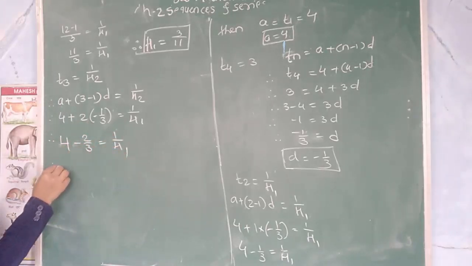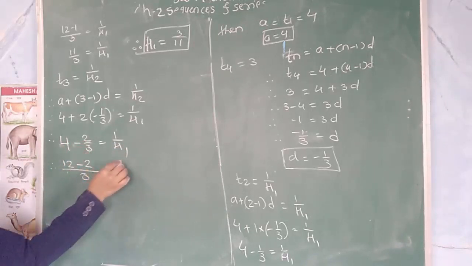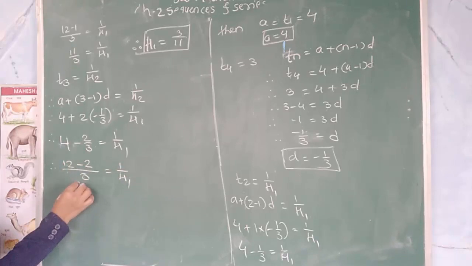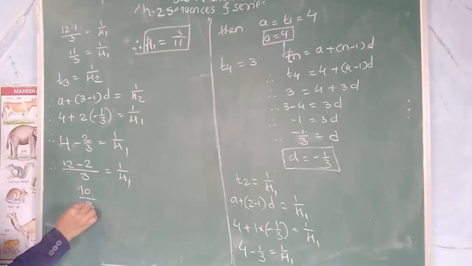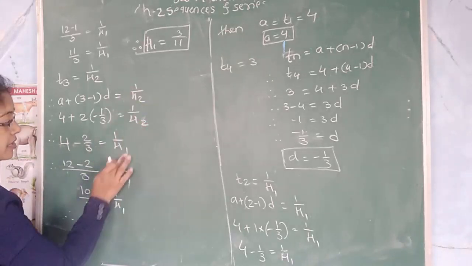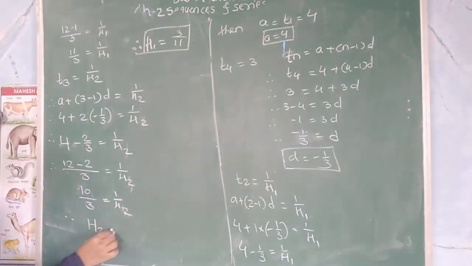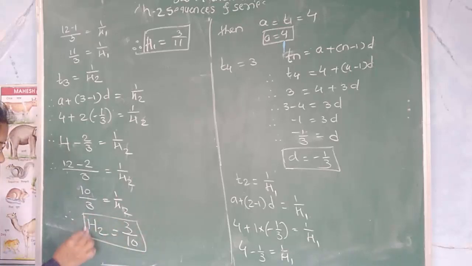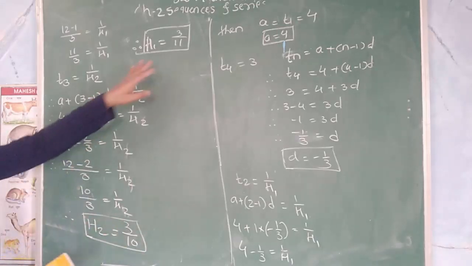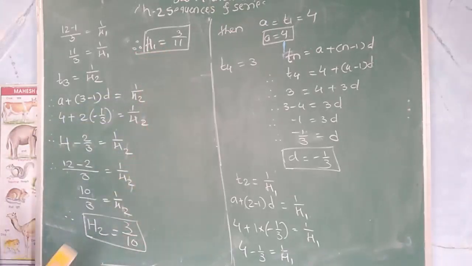Take cross multiplication: 4 into 3 is 12, minus 2, divided by 3, is equal to 1 upon H2. 12 minus 2 is 10 divided by 3, equal to 1 upon H2. So we find the value of H2. H2 is the reciprocal of this term, which is 3 by 10. So the required two numbers are H1 and H2. The values of H1 and H2 are 3 by 11 and 3 by 10.